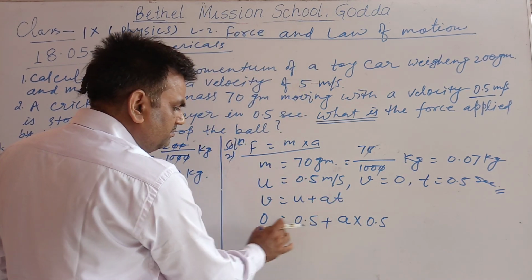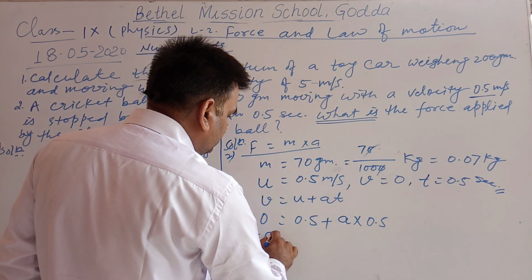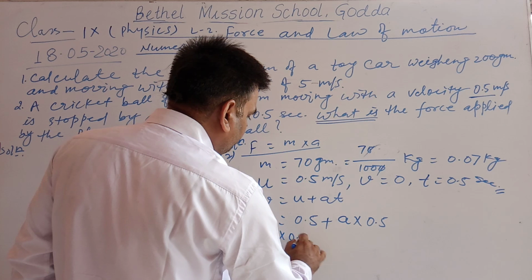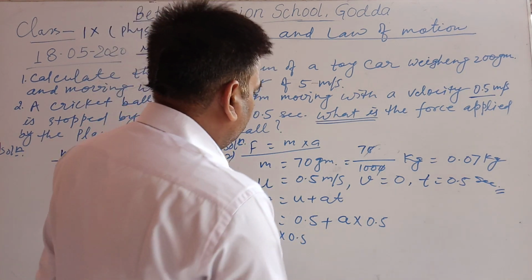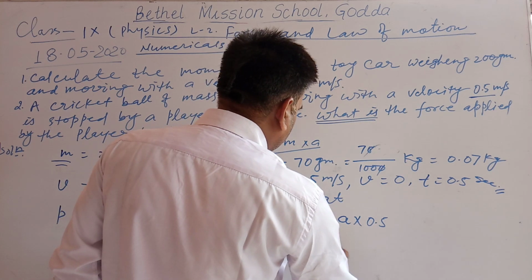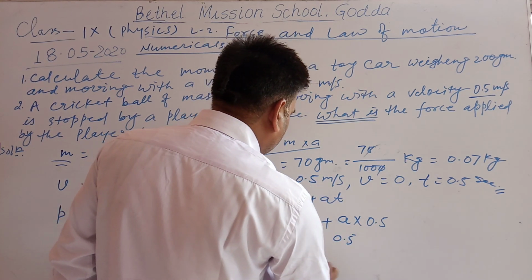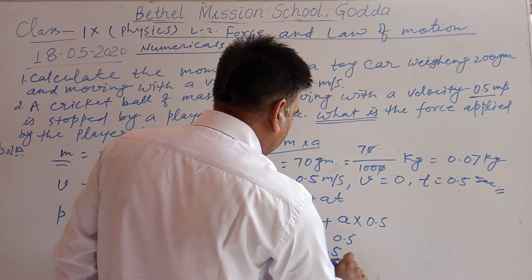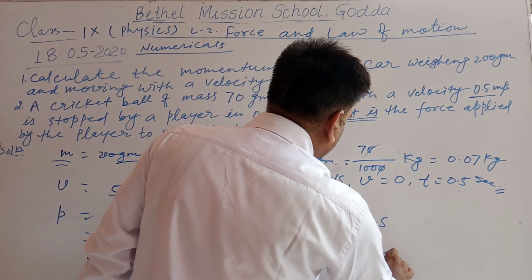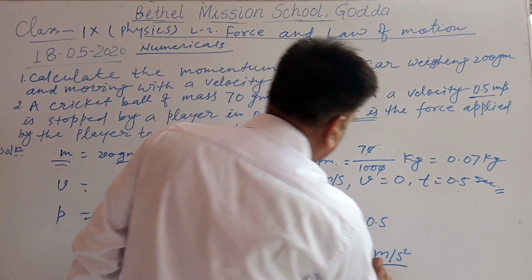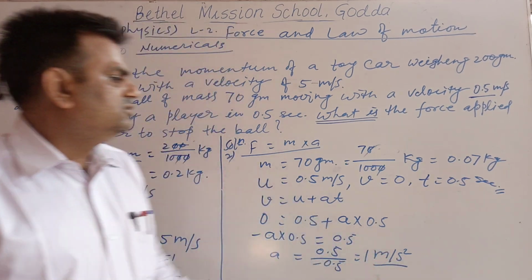This term will come to this side, so minus a into 0.5 equals 0.5. So a equals 0.5 upon minus 0.5, that is minus 1 meter per second square. The SI unit of acceleration is meter per second square.